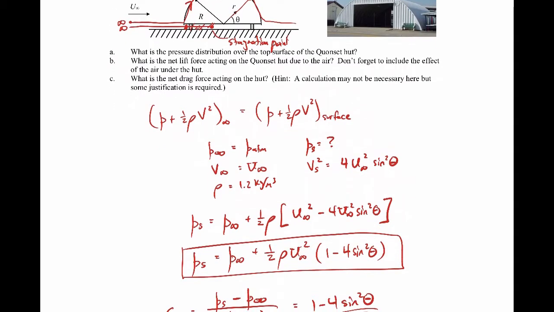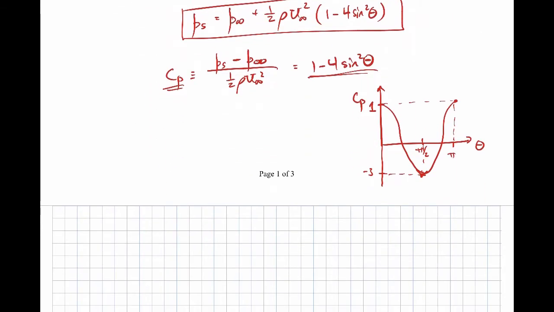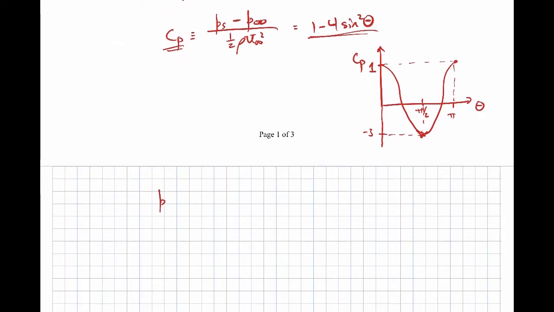So the pressure at the bottom of the hut, let me write that down over here. We can also find using Bernoulli's equation, so we can write this out again. Bernoulli's equation from far upstream and then under the hut. I should call this V instead of U. So I'll put a B here for the bottom. So we know the velocity at the bottom is 0 because it's stagnation conditions.